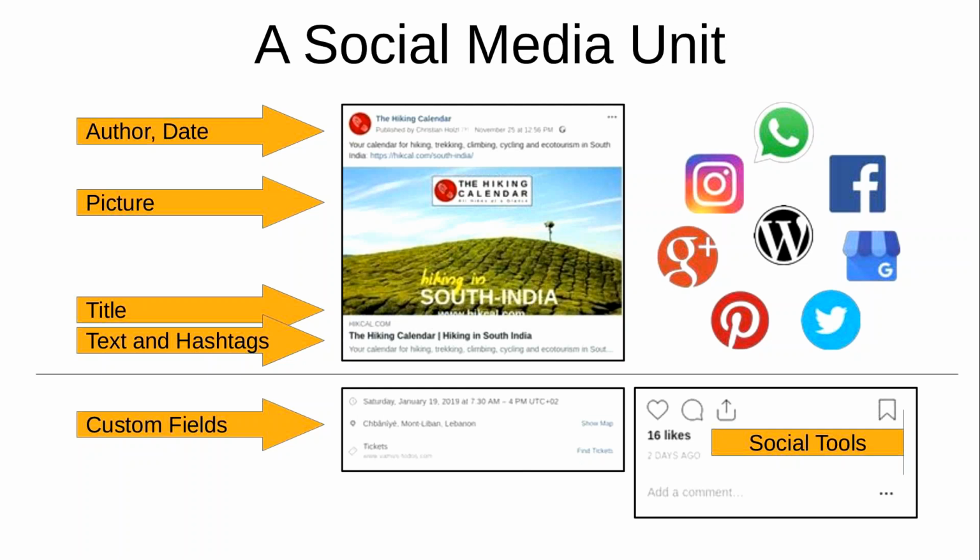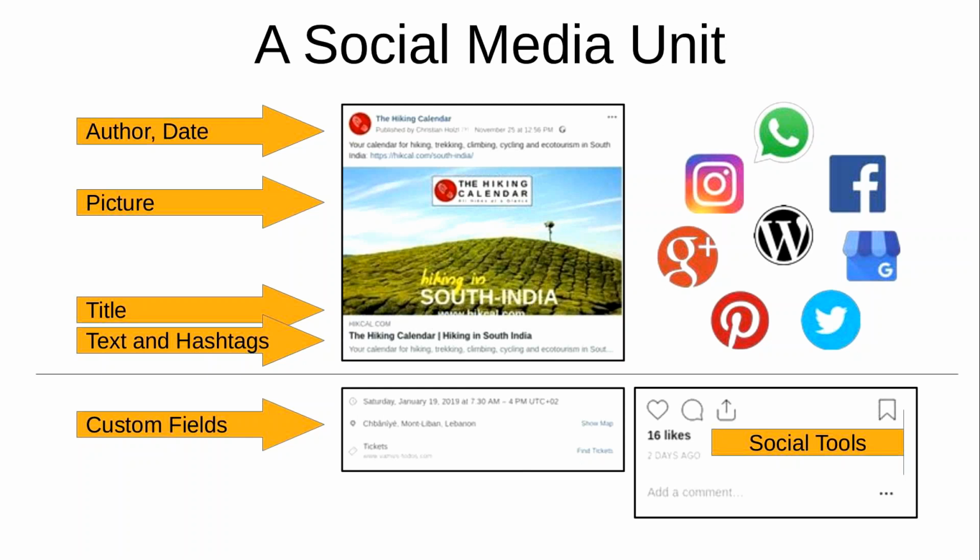So basically, a post is these 5 different fields, but you could also add some fields that we will call custom fields. For example, if you have a post with a start date, start time, end date and end time, for an event, you can add these as custom fields. Additionally, social media platforms add themselves some custom fields like comments, likes, favorites, and such, that I will call social tools.